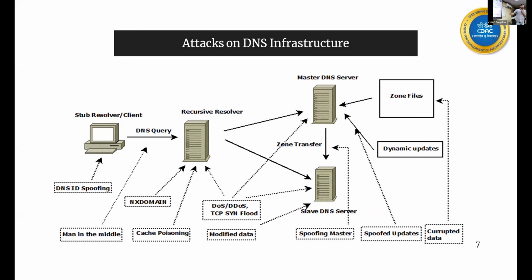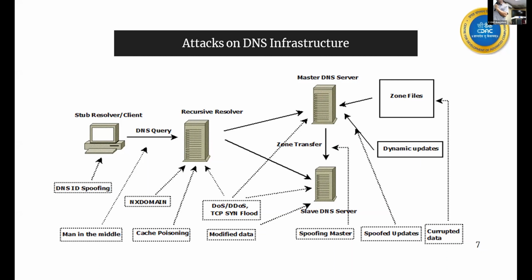This diagram shows the list of attacks which can be there onto the DNS servers or the DNS ecosystem, where you have a root, TLD, authoritative DNS servers, your client and recursive servers, and so on. So you have an attack on the client, which is called DNS ID spoofing.